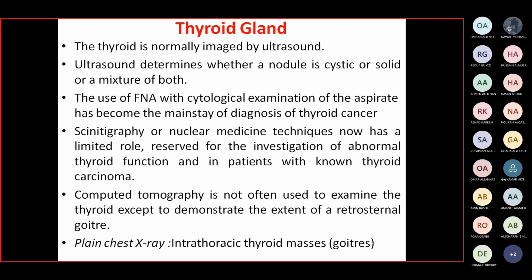Here, talking about the thyroid gland, ultrasound can differentiate the nature of the lesion. Is it cystic, solid, or a mixture of both? So the importance of ultrasound is that if there is a tumor or lesion in the thyroid, it helps us differentiate the nature of this tumor.